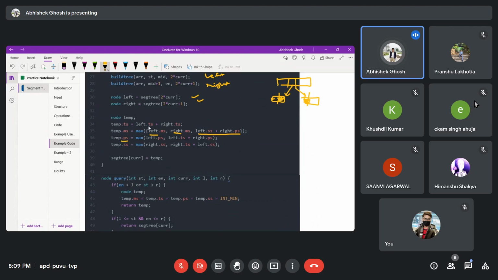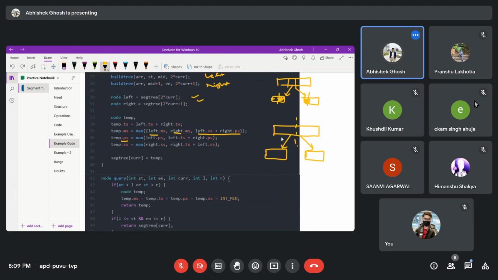Then prefix sum. The reason I took total sum will be more clear right now. When we are taking a prefix sum for this value, there are two halves. Let's say the prefix sum is only this part. Then it will be the prefix sum of the left child only.